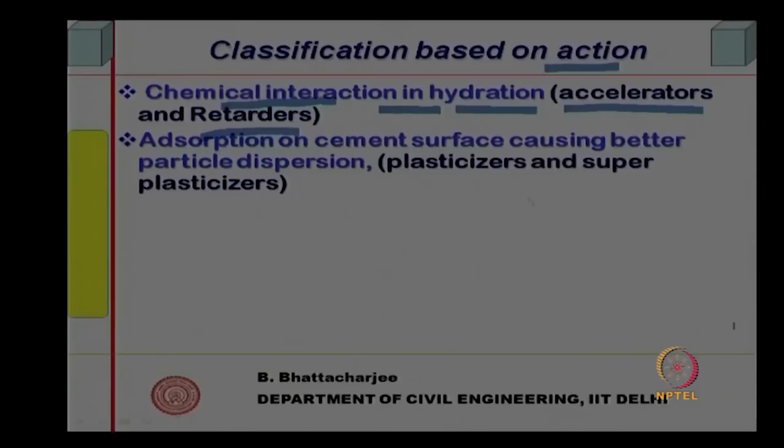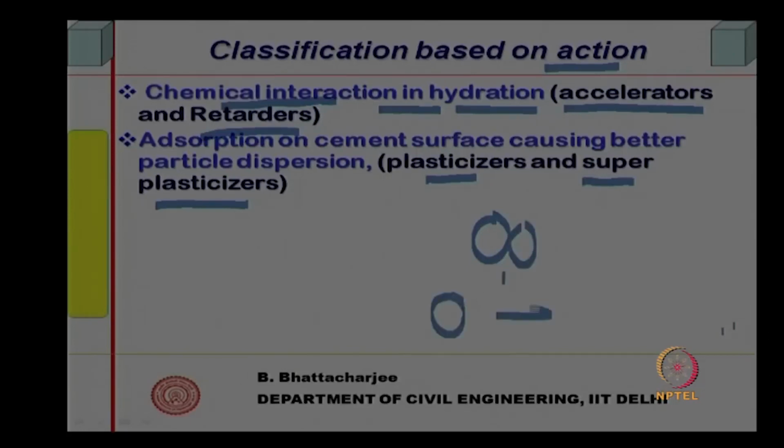Plasticizers and super plasticizers I was just mentioning, these get adsorbed on the cement surface and they cause better particle dispersion. So, in a way they are dispersants, cement particle dispersants, which separate the cement particles out from the original situation.